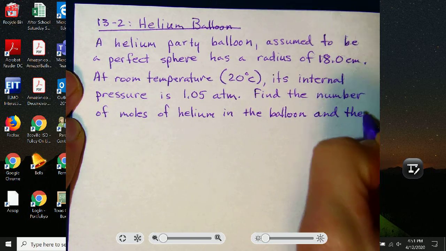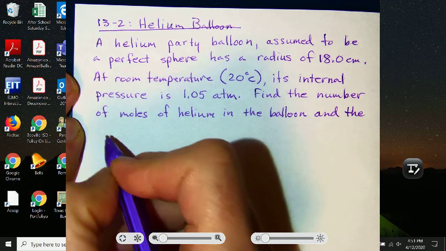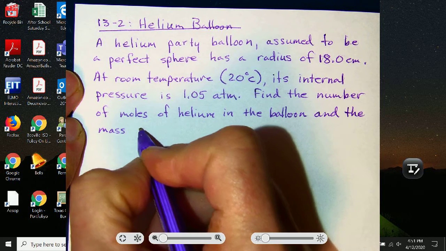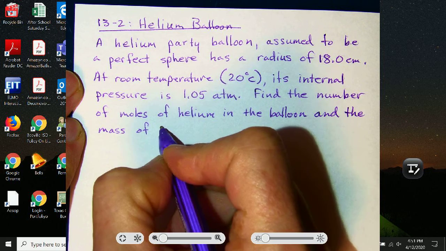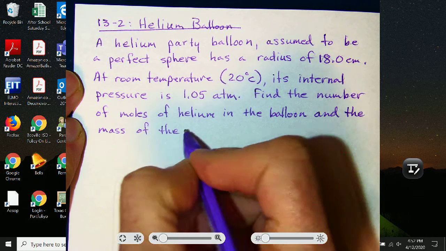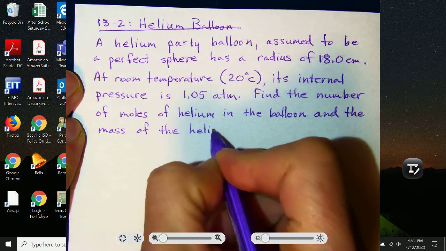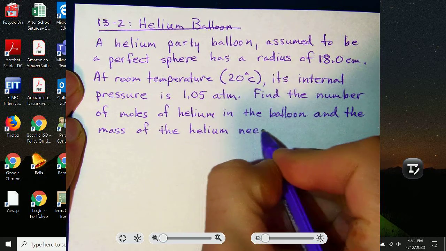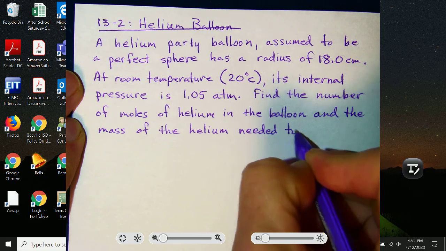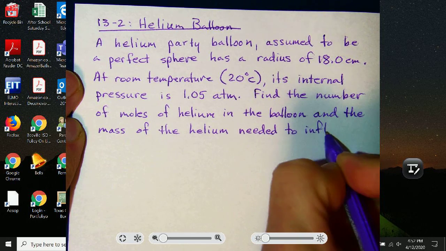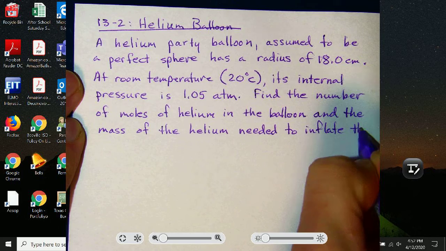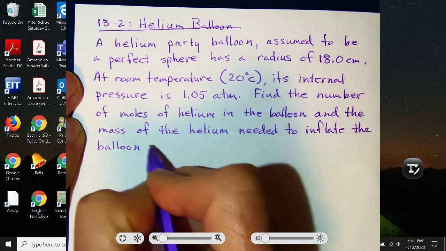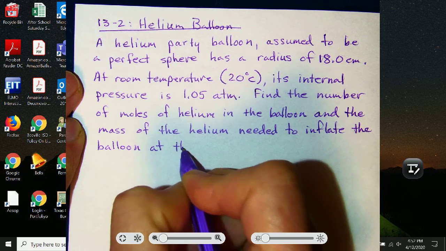And the mass of the helium needed to inflate the balloon at these values.